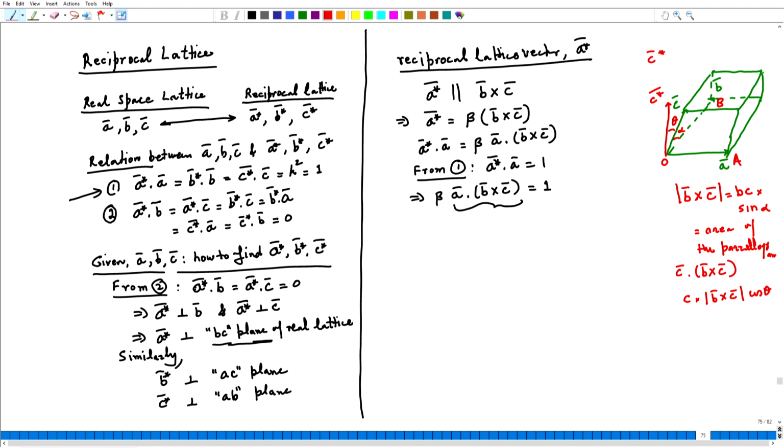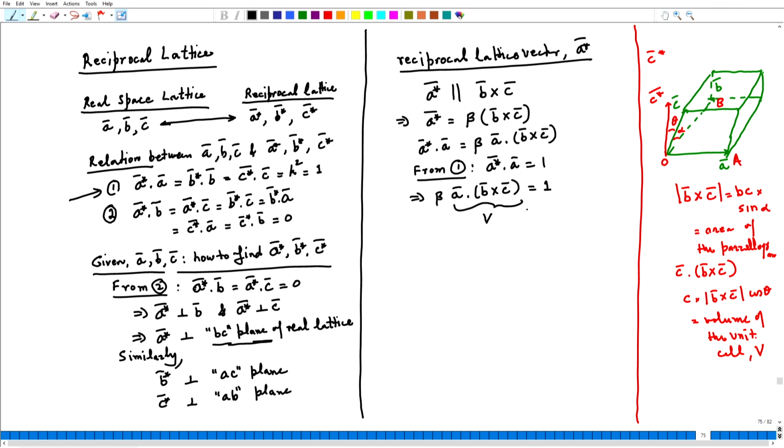Since the base is the area of the parallelogram, you multiply it by the vertical distance C cos theta, then this gives me the volume of the unit cell, and let me call that V. So, therefore, A dot B cross C is nothing but the volume of the unit cell.